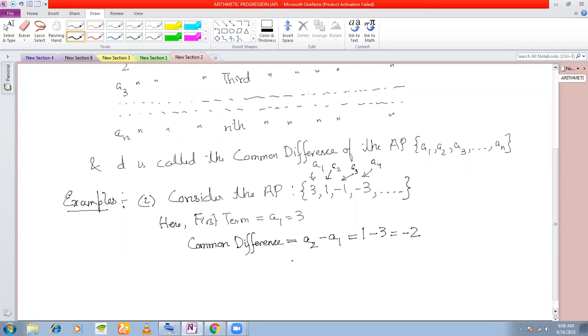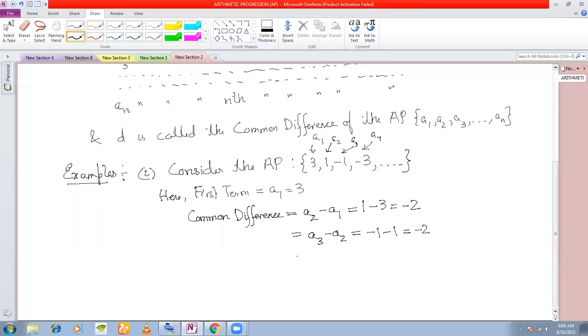You can also check with A3 minus A2 also. A3 is minus 1, A2 is 1. So A3 minus A2 is minus 2. You can also check with the next two, A4 minus A3 also. A4 is minus 3 and A3 is minus 1.